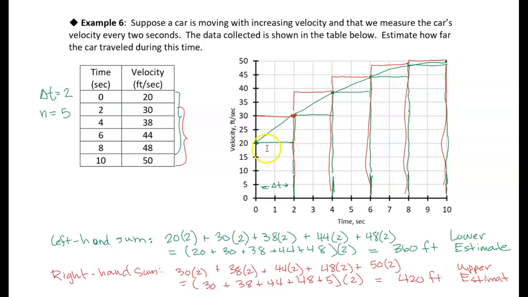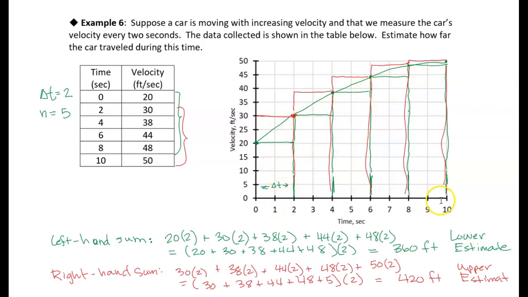For example, for the left-hand sum, the first interval is 2 time units wide and 20 units high. So we have a total of 40, I guess in this case, feet represented by that rectangle.